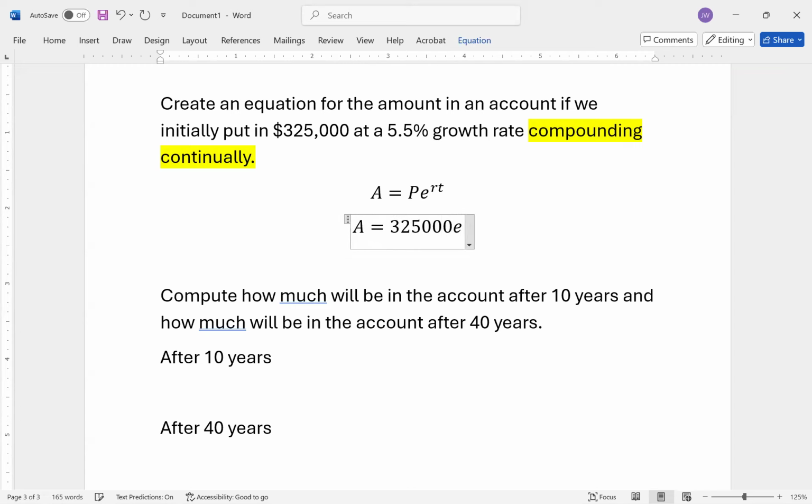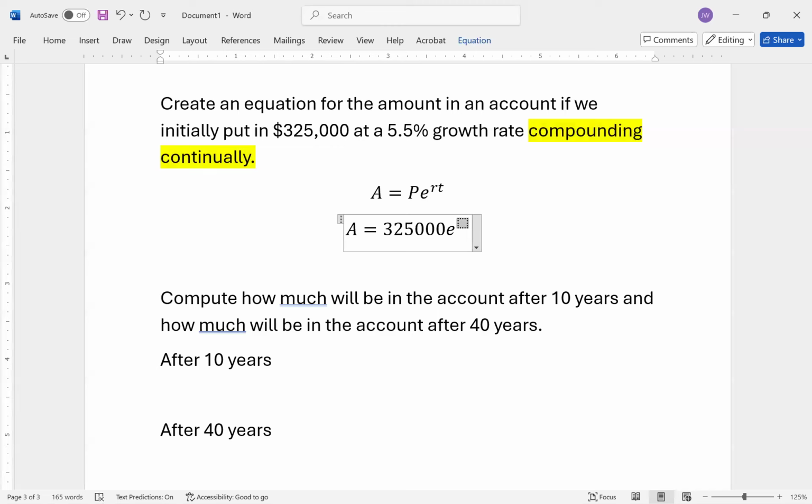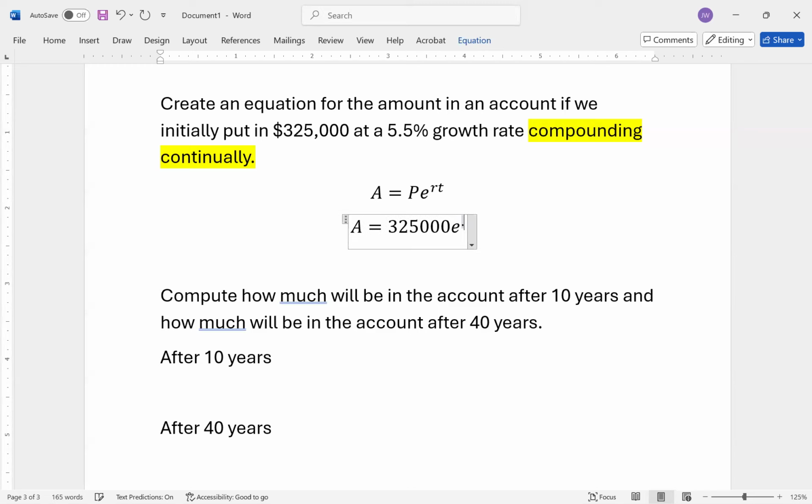And then E is just the irrational number E. The R is 5.5%, which as a decimal is 0.055. And T is my variable because we can let that money sit in the account for any number of years that we want.